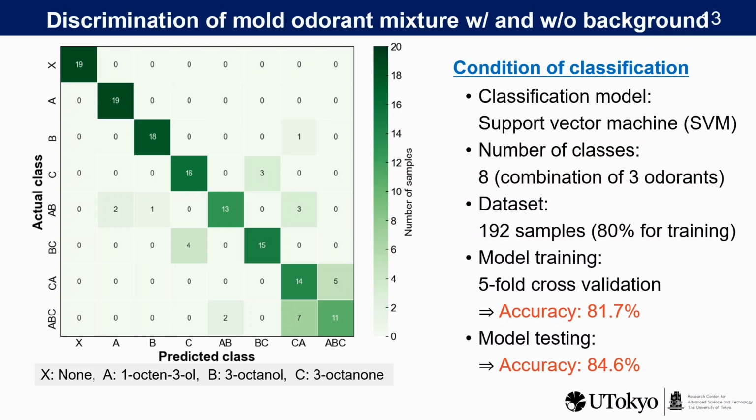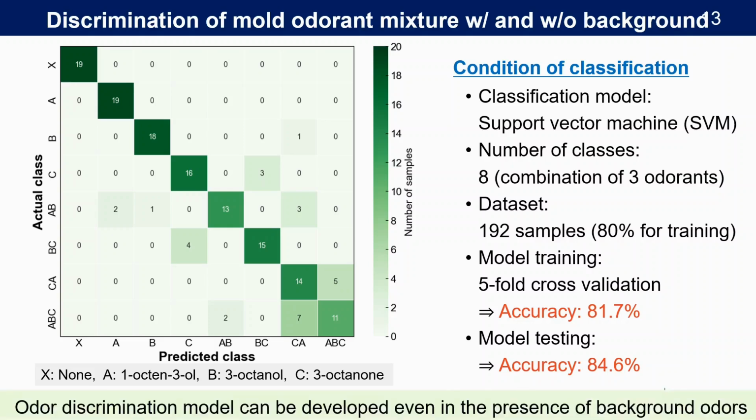Actual samples will have a combination of more components, and it is necessary to select sensor elements that do not respond to these components or that do not saturate the sensor response, even if they do respond. Nevertheless, our sensor array may allow the possibility of discriminating between odor mixtures even in the presence of background odors.